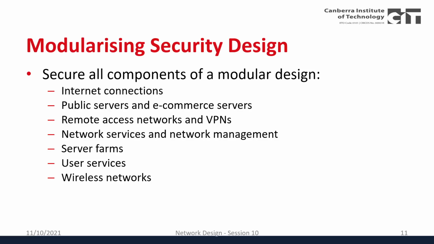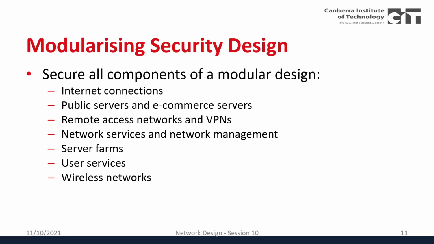Modularizing the security design. Now, secure all components of a modular design. These are the things we're going to be paying attention to, okay, when we're designing our network. We're going to pay attention to the internet connections because we want to make sure the internet connections are secure.